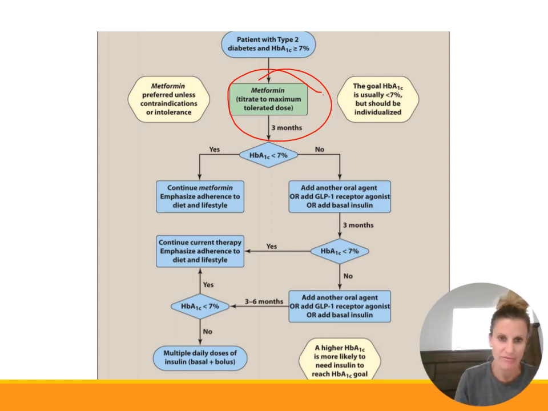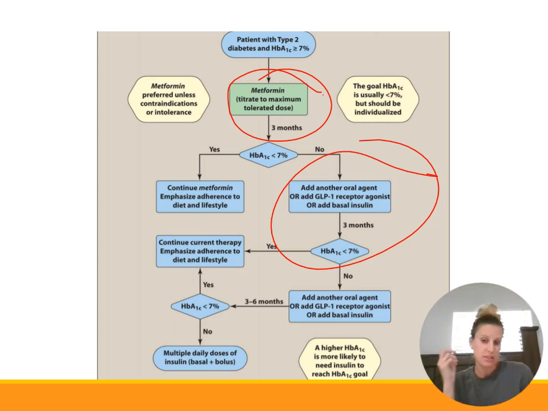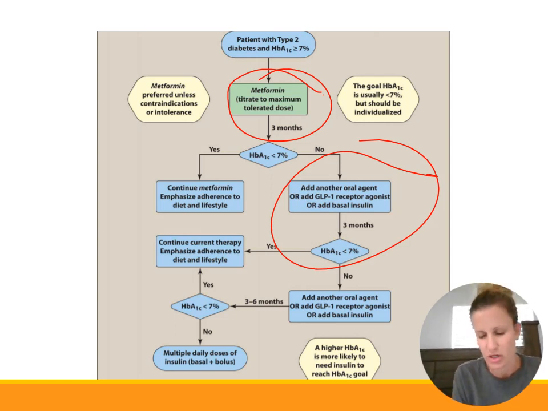And then after 3 months, if their hemoglobin A1C is still not at goal, then we can add another agent on board. You guys just in this video saw all the possible agents that we could add. It could be a GLP-1 agonist, it could be a sulfonylurea, it could be a TZD. It all just depends on our specific patient and what their risks and needs are.